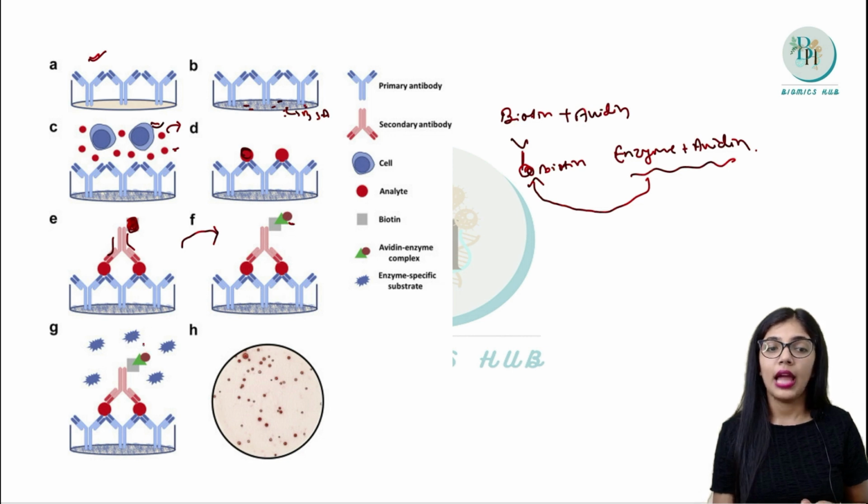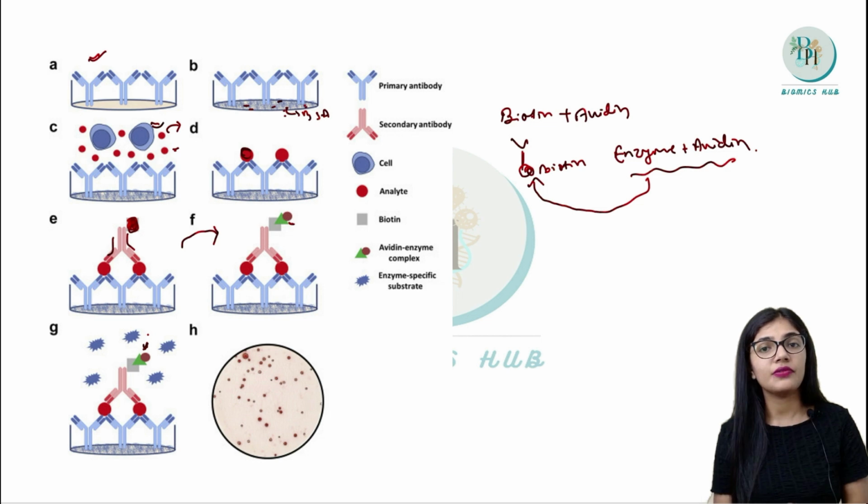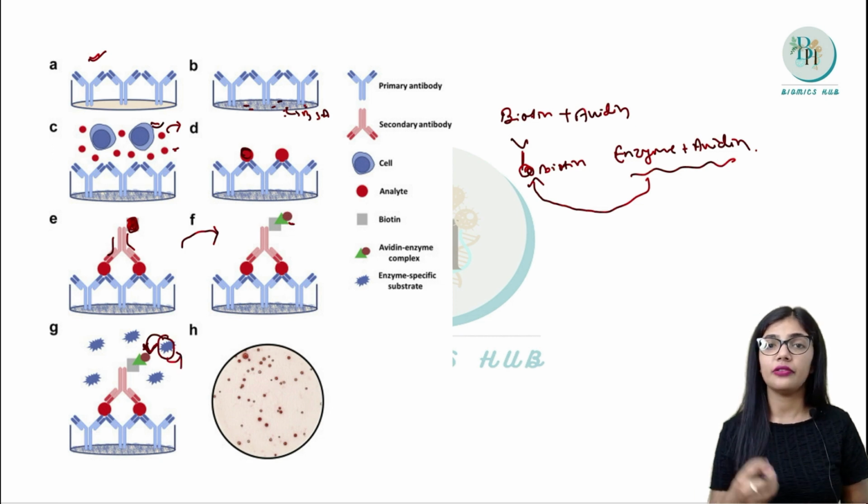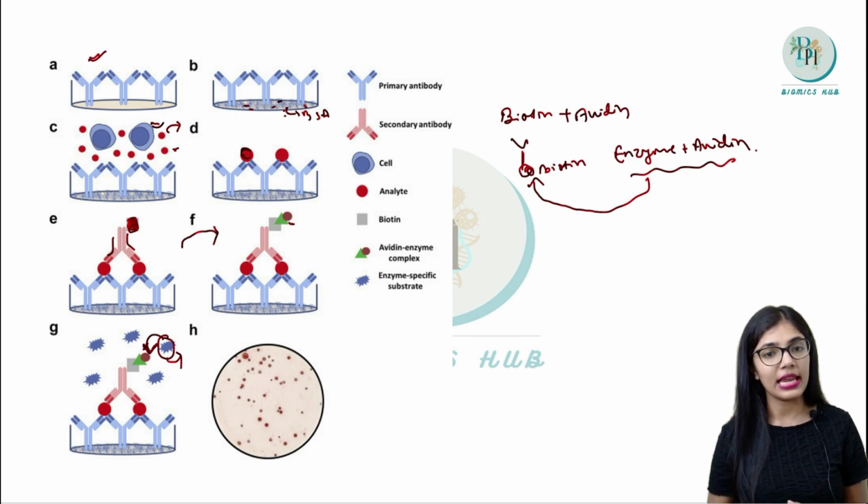Next, according to this enzyme, a substrate is given so that it can give some color. There will be a color change if it is reacting. Whenever we give a substrate, it will bind with this enzyme and it will produce a color. That is the reason it gives spots, which is why it is known as ELISPOT.